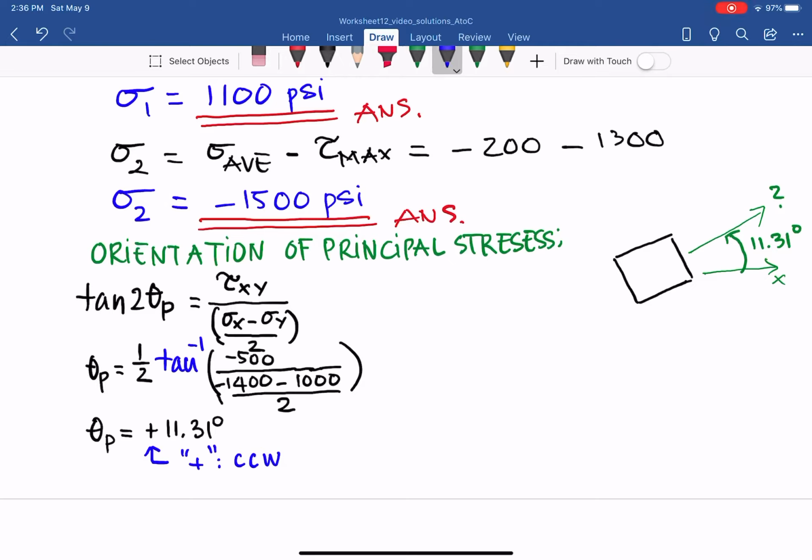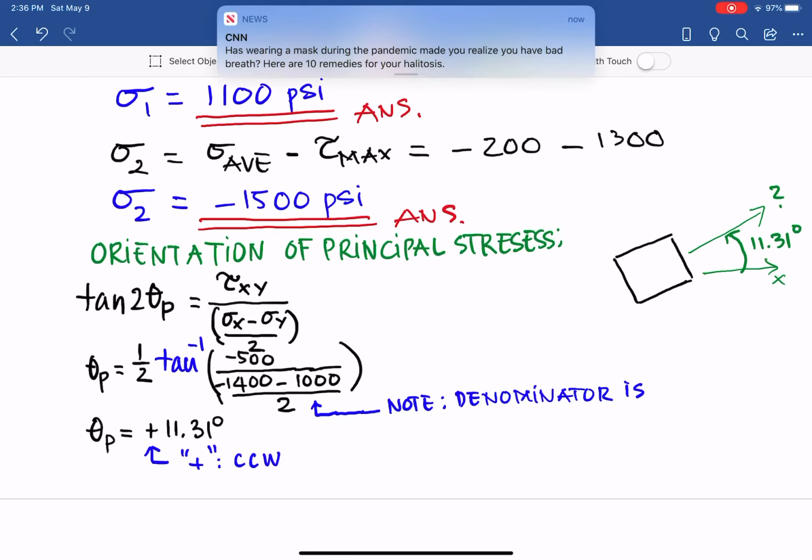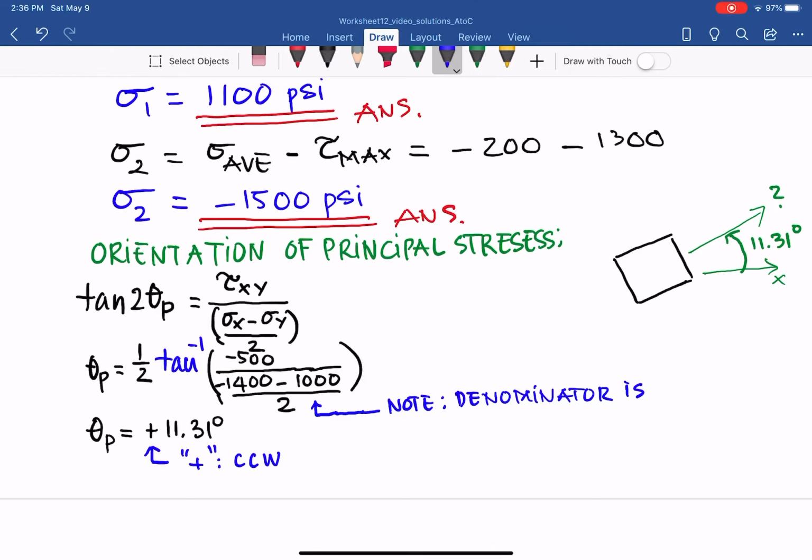So let's make another note here. The denominator, in this case, equals negative 1400 minus 1000, so negative 2400 divided by 2, so negative 1200.